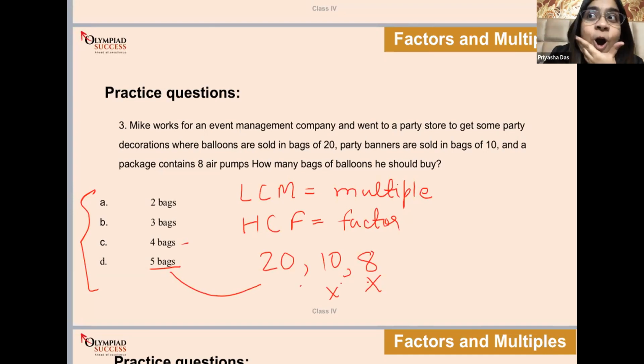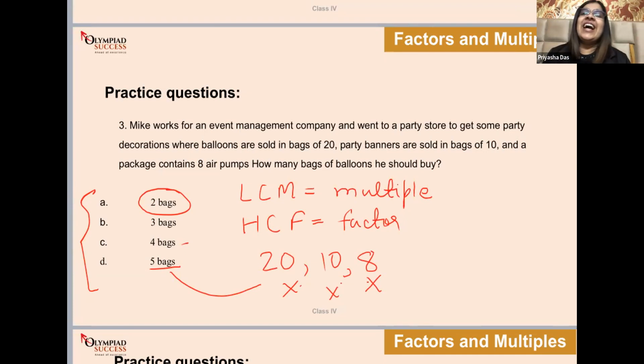You will say all of them. Yes, who was that? Aishwarya. Very good. All of them. Actually, the first one to write that was Anya. That's right. All of them not working. But 2 is the only number which divides 20 also, 10 also, and 8 also. Correct. Yes, Shubhamita.